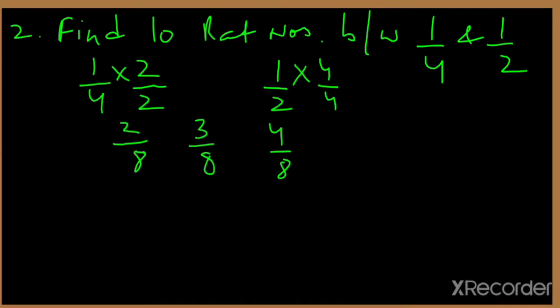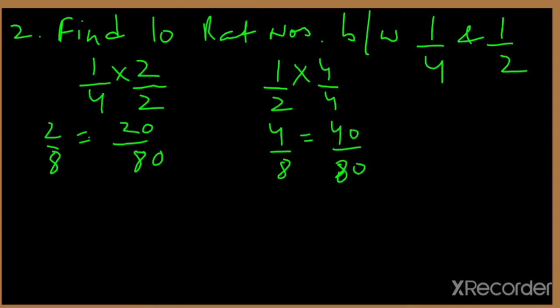So what we are going to do is change 2 by 8 into 20 by 80. We can write it as 20 by 80. And we can write 4 by 8 as 40 by 80. We have added a 0 at the back, right? 20 by 80 and 40 by 80, the value remains the same.